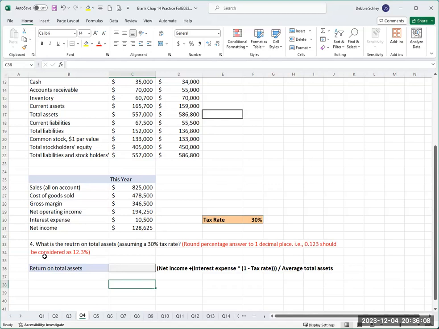Question 4, they want to know the return on total assets, assuming a 30% tax rate. So I referenced the tax rate right there.